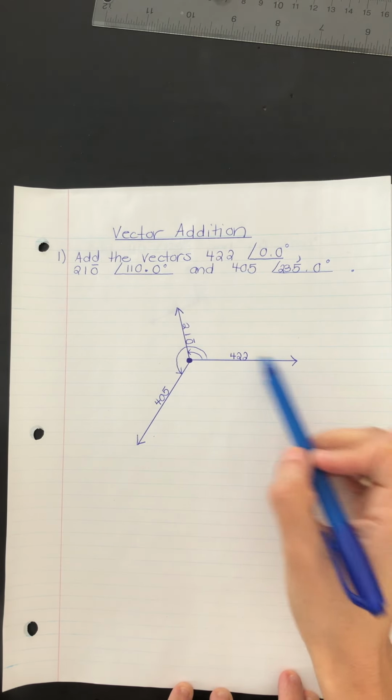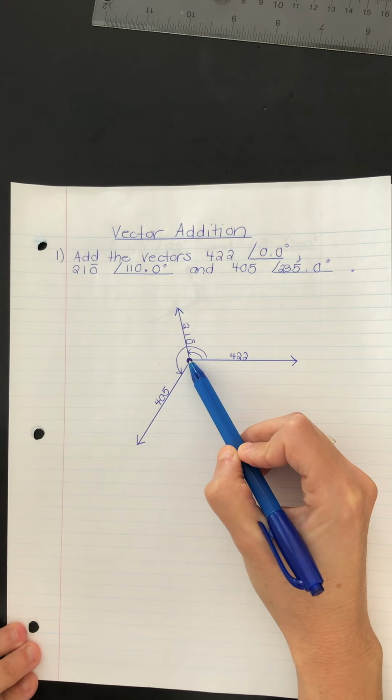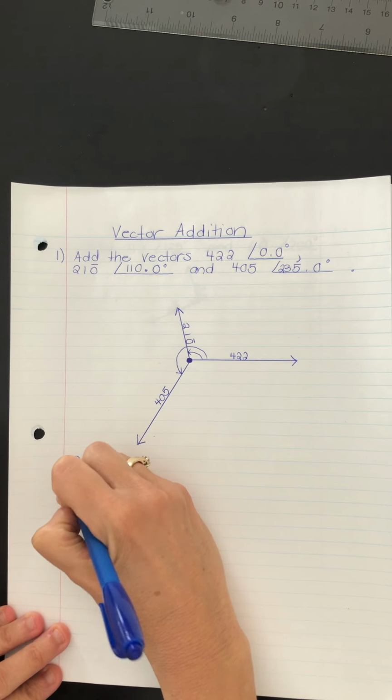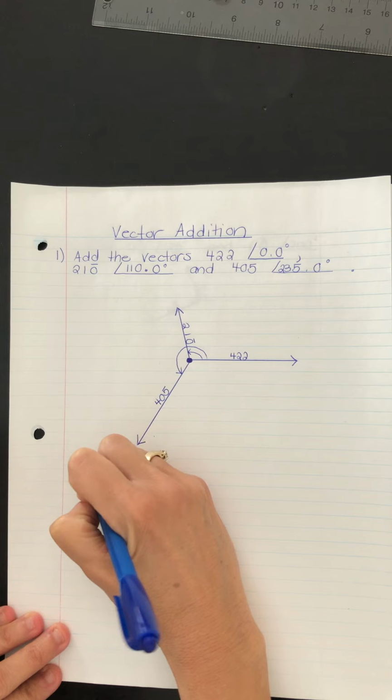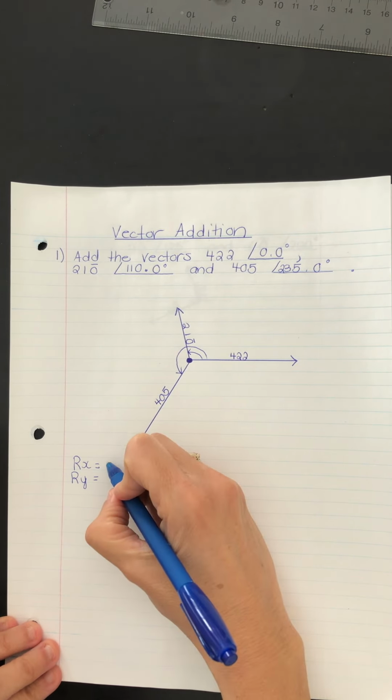And you can picture these as 3 forces perhaps acting on this object. And we want to know what the overall result would be. So here's how we start. We calculate Rx and Ry. And when calculating Rx, you use cosine.